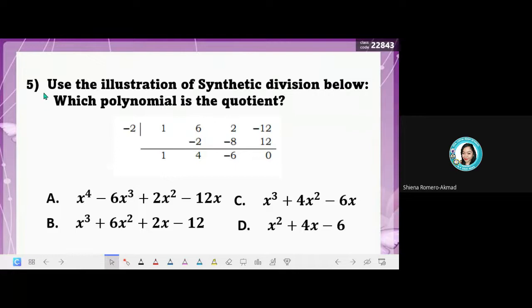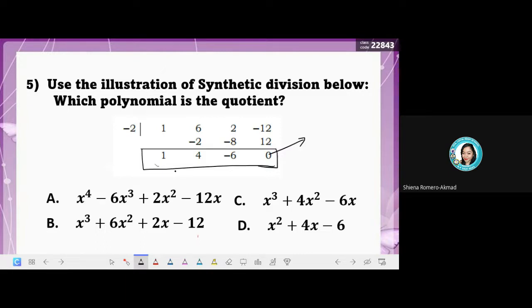So, looking at number 5 question, we have to identify the quotient. So, saan ba dito yung quotient? Of course, the quotient is here. So, ano yung 0? Ano yung tawag natin sa last digit na nasa solution natin kapag division, synthetic division?